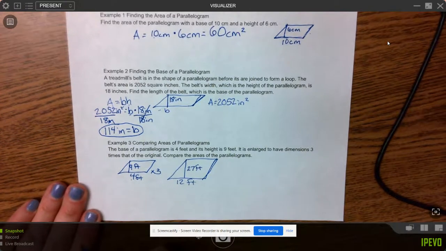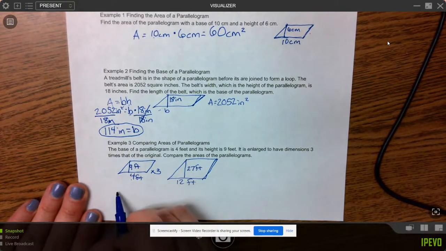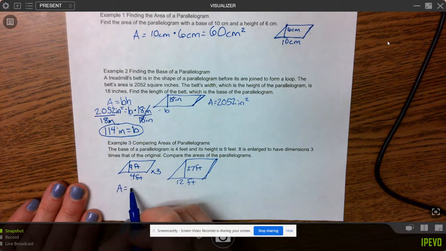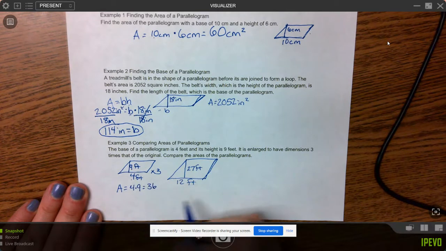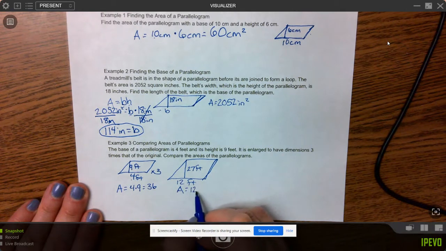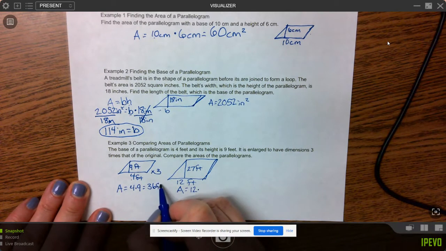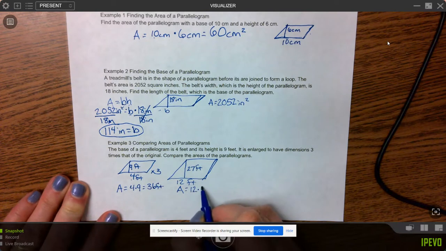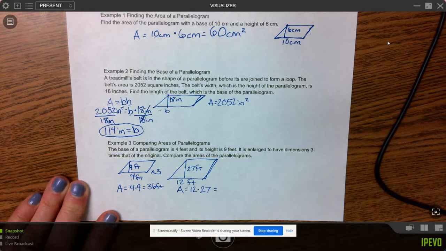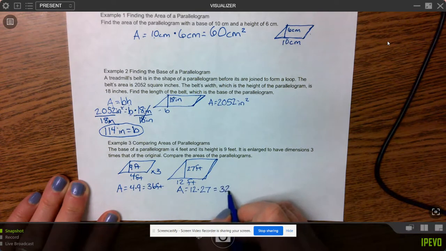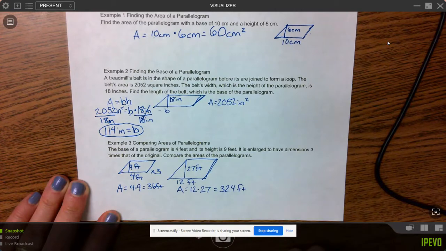Then I need to find the area of both. The area of my original, base times height, 4 times 9, gave me 36 feet. And my enlarged one, 12 feet times 27 feet, would give me 324 feet. Now I want to compare them. Remember, when we compare numbers, we can put them as a ratio.